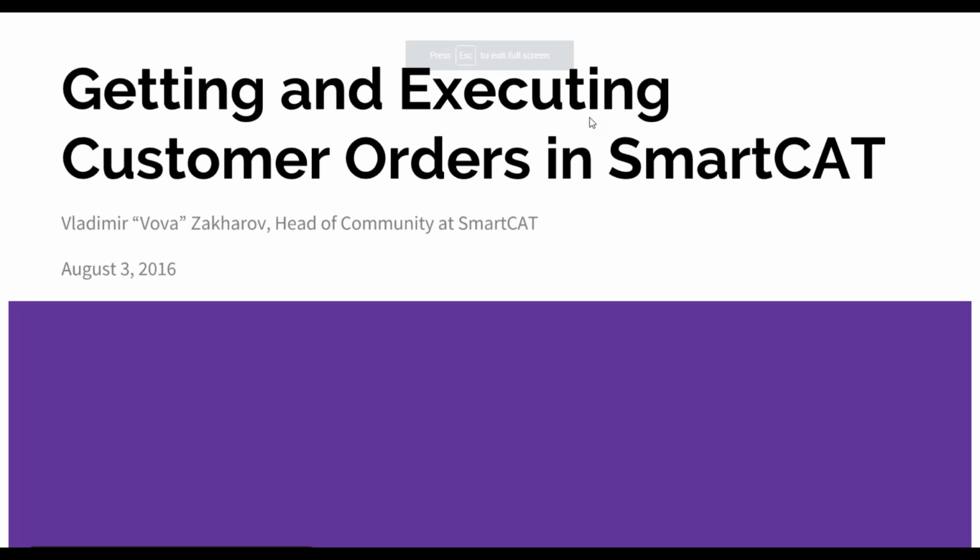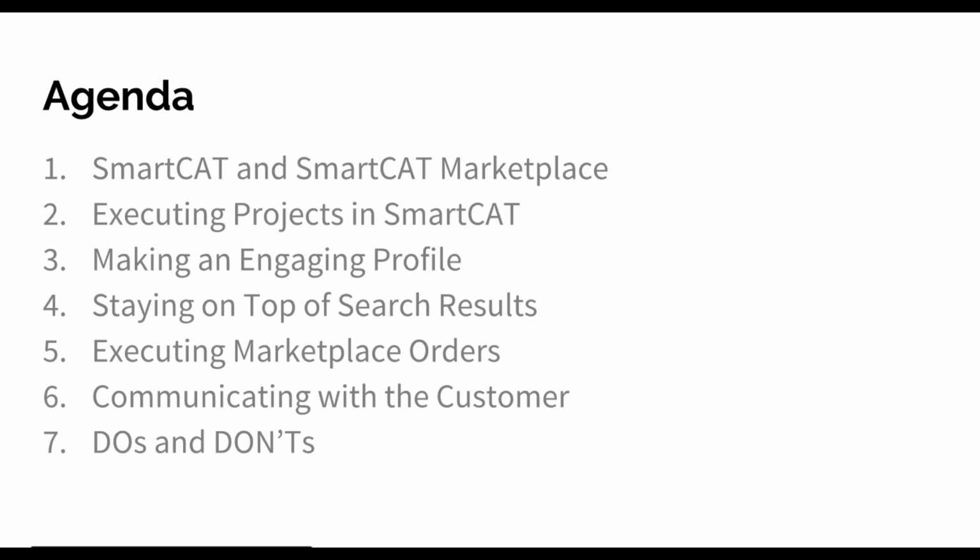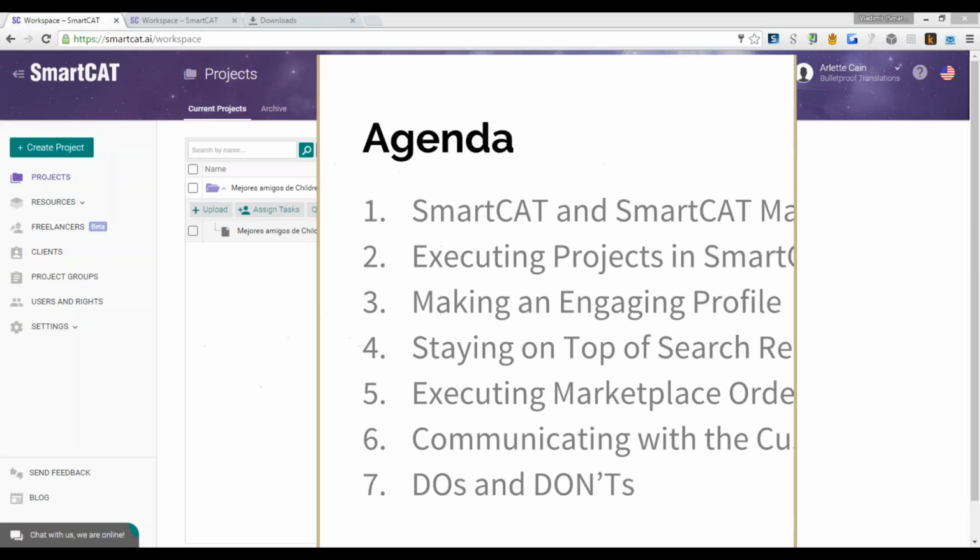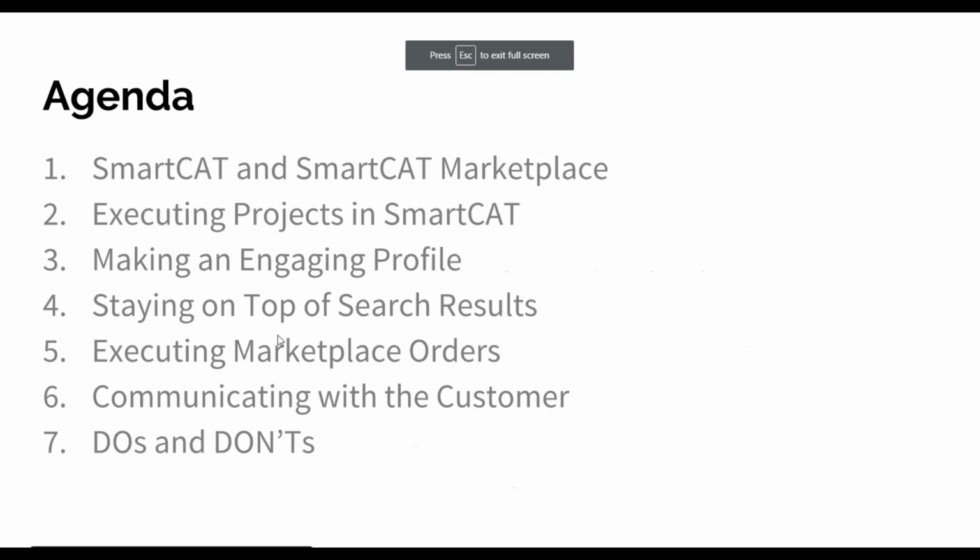Today's webinar is called Getting and Executing Orders on SmartCAT. It will be structured with the following topics. First of all, we will discuss what is SmartCAT and SmartCAT marketplace, as I already said. Then we will get into the very basics of executing projects in SmartCAT in general.